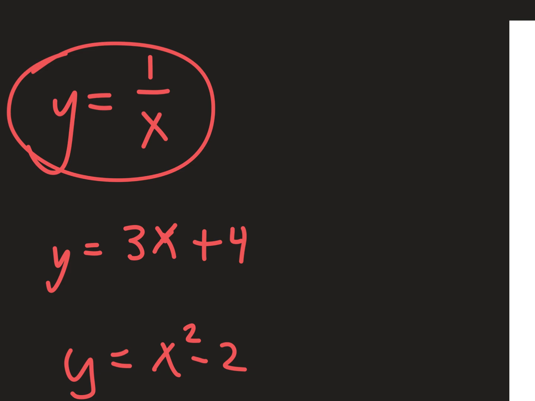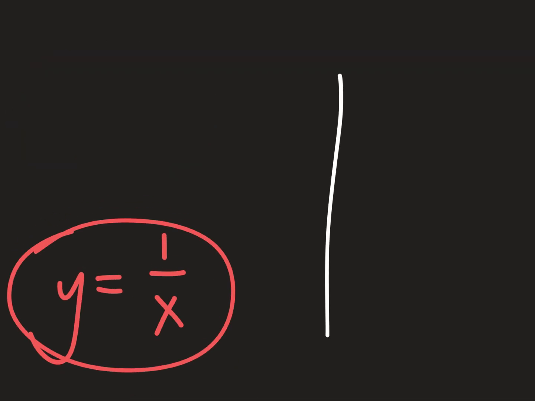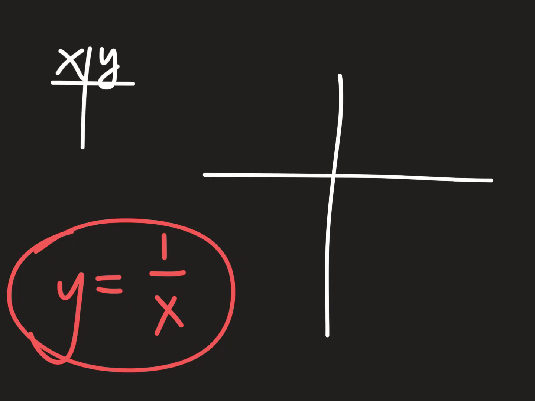The reason that XY chart is so powerful is because you could have completely forgotten how to graph 1 over x. And all you'd have to do is find like 5 points. And here's where they'd be. There'd be a point here, there'd be a point here, here, and here. And then you'd be like, oh, that's right.